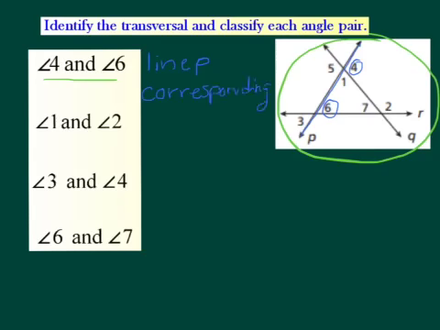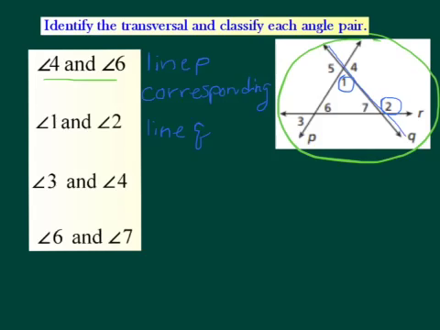Perfect. Okay, let's look at angles 1 and 2. Here's angle 1 and here's angle 2. Again, let's identify the transversal first. It's this line right here, line Q. That is the line that's touching both of those angles.